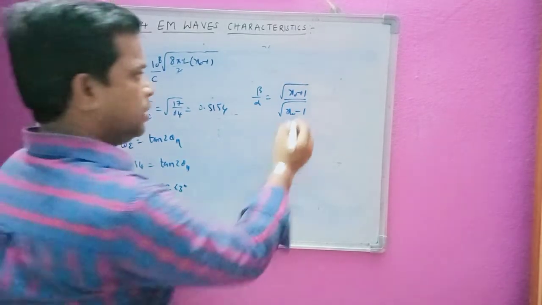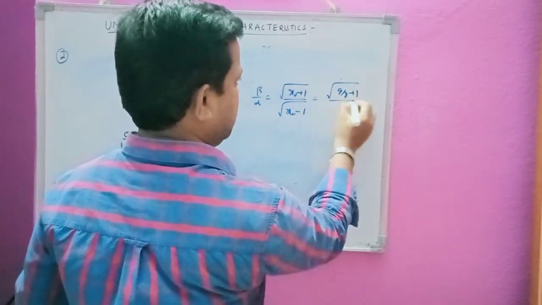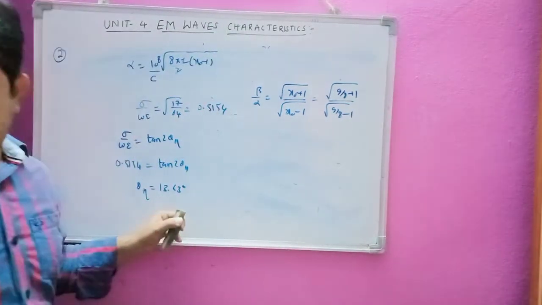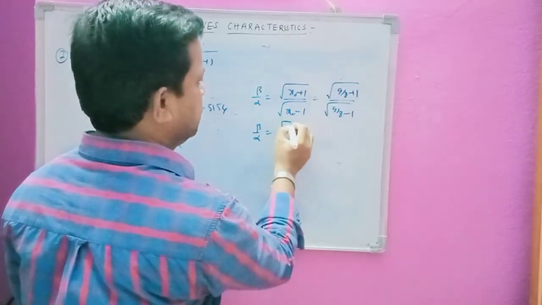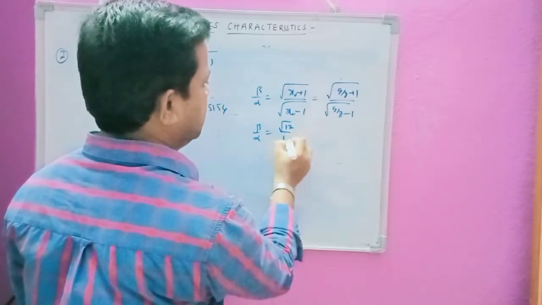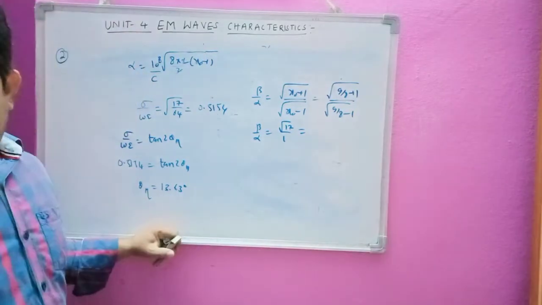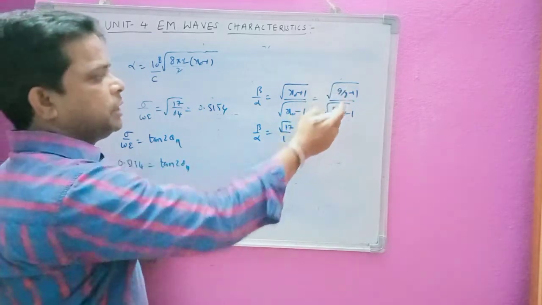So we already know the x naught value, 9 by 8. Beta by alpha is equal to square root of 9 by 8 plus 1 by 9 by 8 minus 1. It will be equal to root 17 by 1, because 9 minus 8 is 1 by 8, and root 8 will get cancelled.